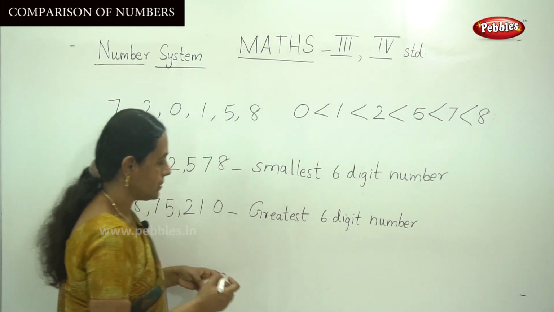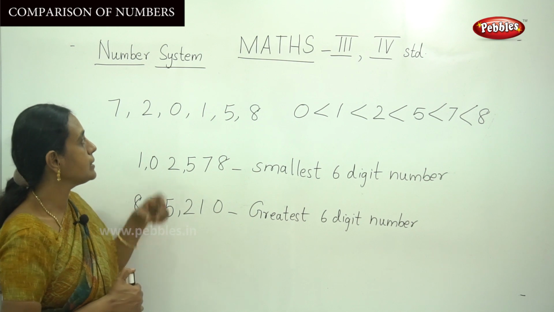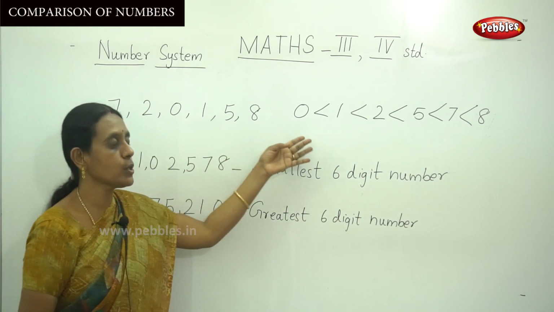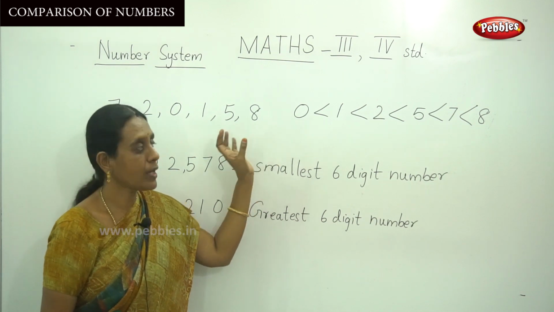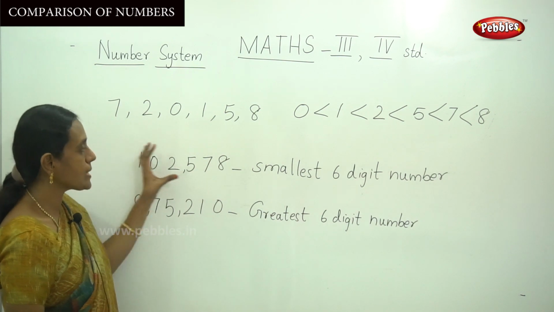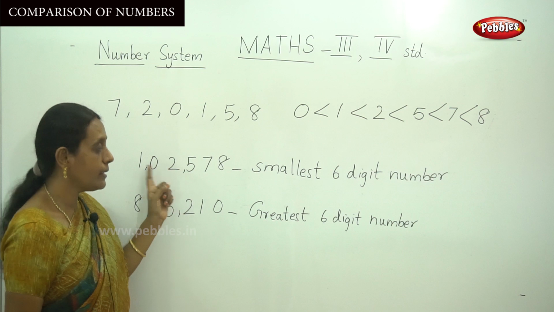So this is the pattern of comparison of numbers. While given separate numbers, we can arrange them in increasing order, that is lesser than, put them together to form a single number, insert commas and read the number.